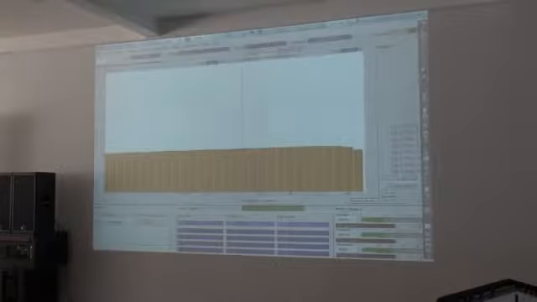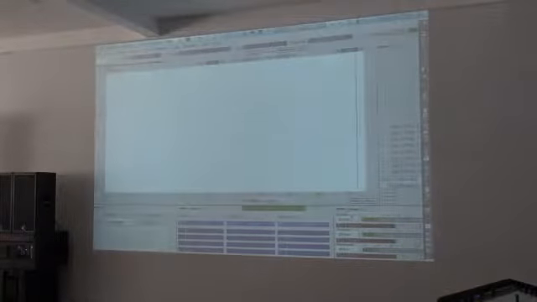So, pink noise shows similar level everywhere.